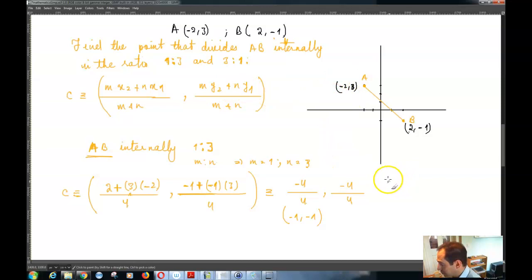I take x1, y1 as (-2, 3), and x2, y2 as (2, -1). So let me write this again.